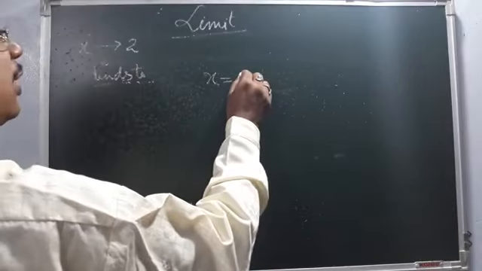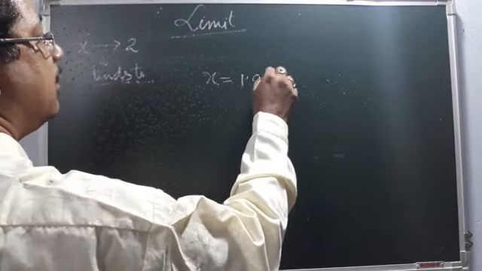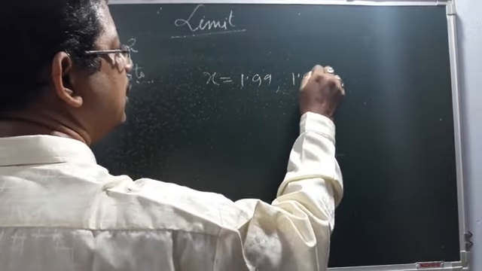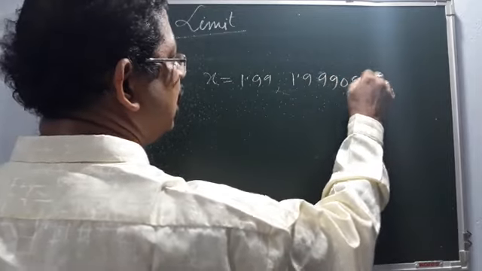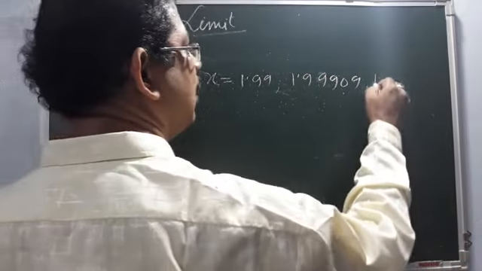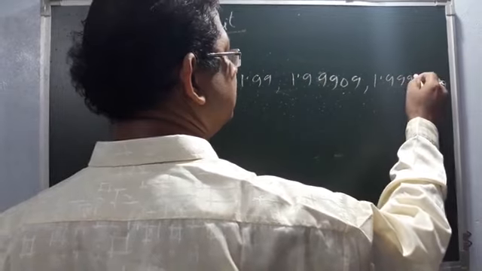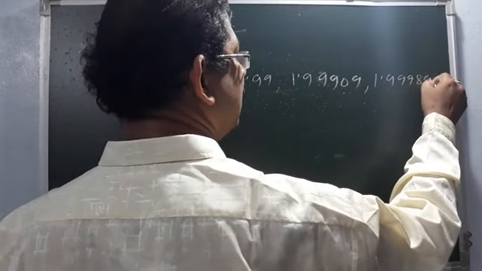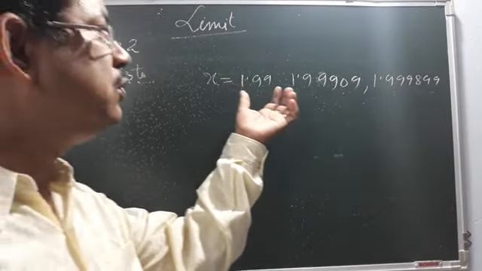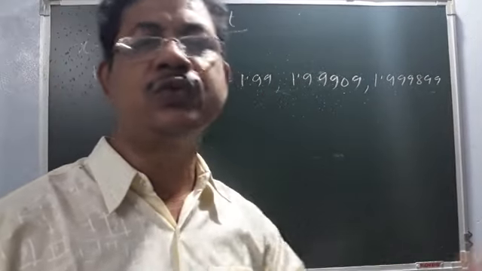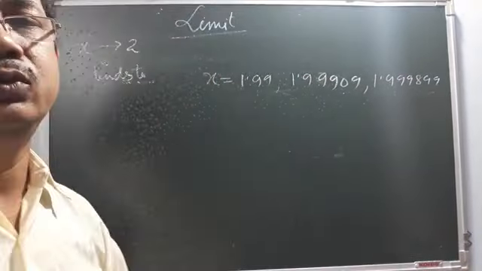So x may have 1.99, may have 1.99909, may have the value 1.999899. So in this way, you see we have taken x very close to 2 but not 2.